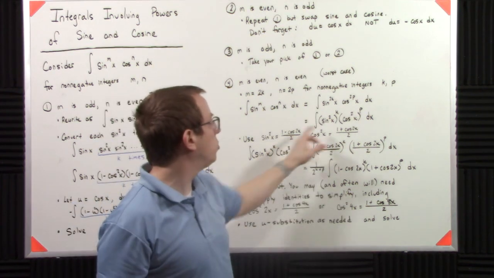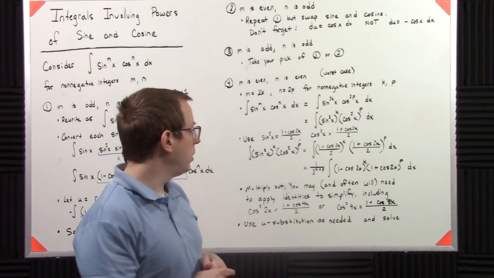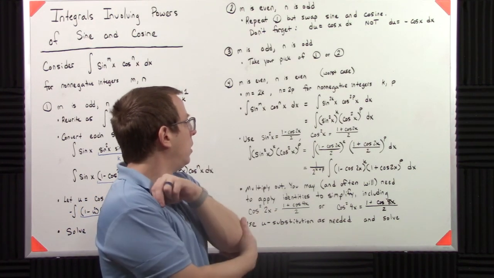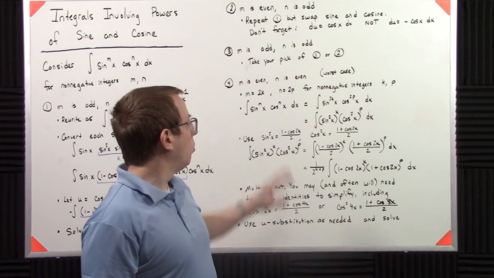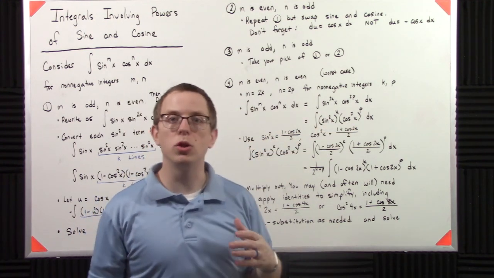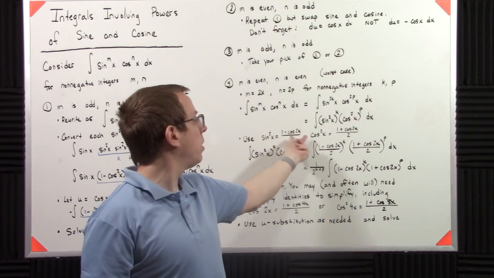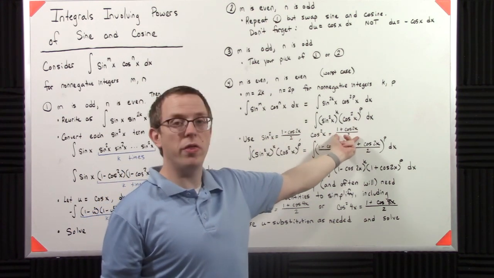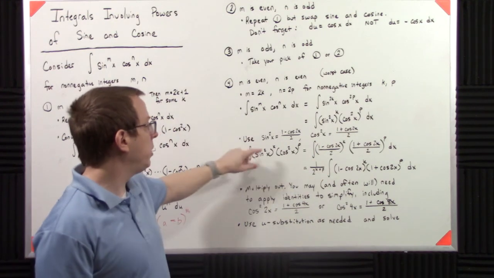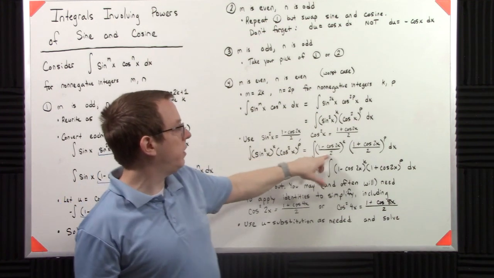They're really close, just one is a 1 minus and one is a 1 plus. Notice we have a sine squared and a cosine squared, so we replace any sine squareds with this quantity, any cosine squareds with that quantity. We go from here and replace it with these.